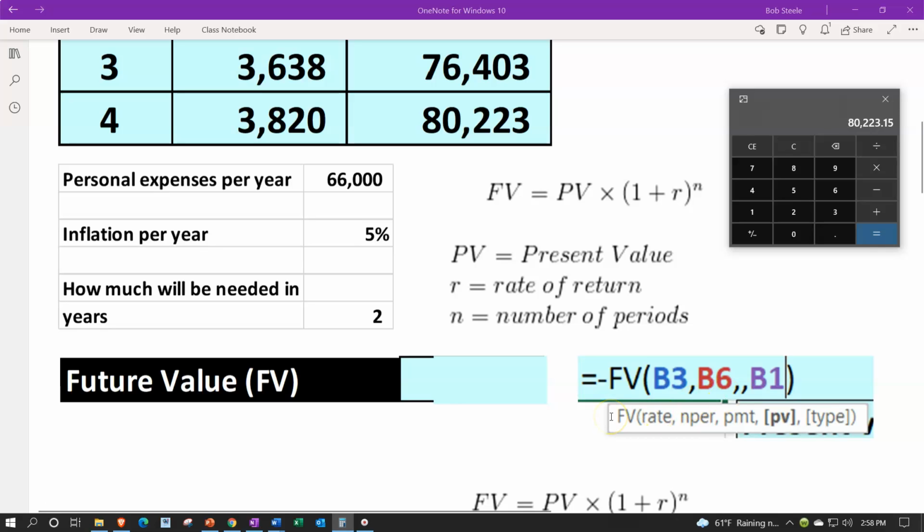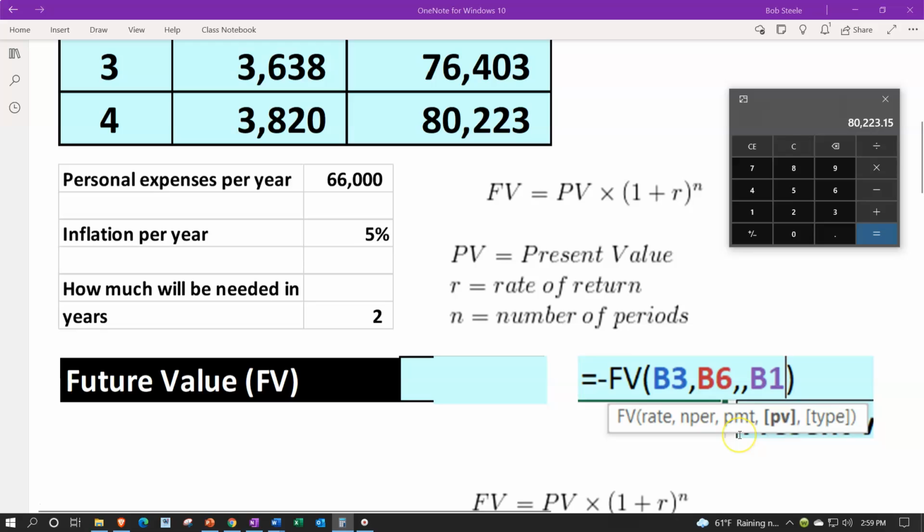Then we get into the brackets. The rate is going to be the 5%. And note, we could hard code the 5%, typing it in, but we're bringing it from the table, which is more good practice for Excel purposes, comma. Number of periods is going to be this cell. We're going to say 2 years out this time, and we're not typing in 2 as we could, but rather taking it from the table.